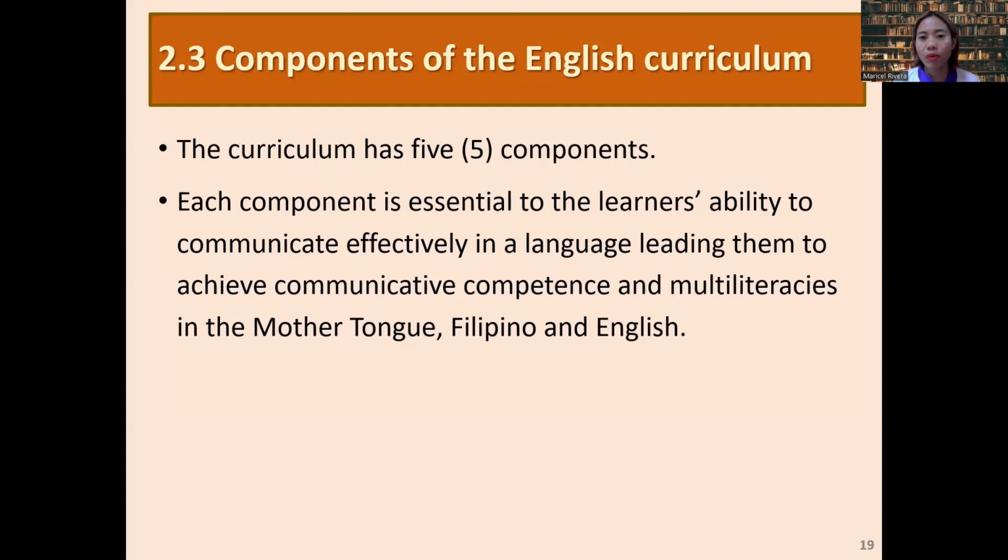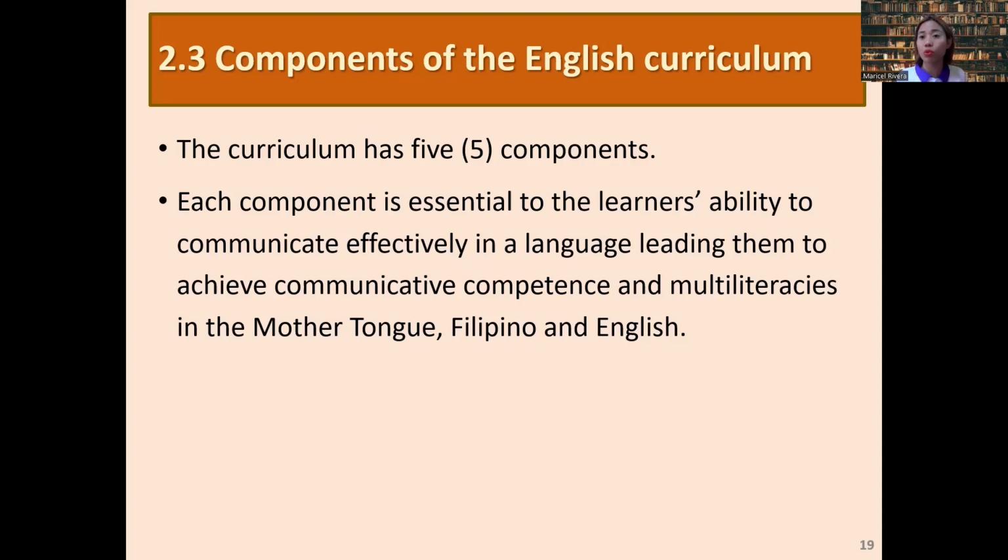So the curriculum has 5 components, and these are the components that we are going to discuss each, as we progress. Each component is essential to the learner's ability to communicate effectively. We have to always remember that our goal here is to produce students who could communicate effectively using the language. In our case, we will be teaching them the English language, leading them to achieve communicative competence, as well as multiliteracies in the mother tongue, Filipino, and the English.